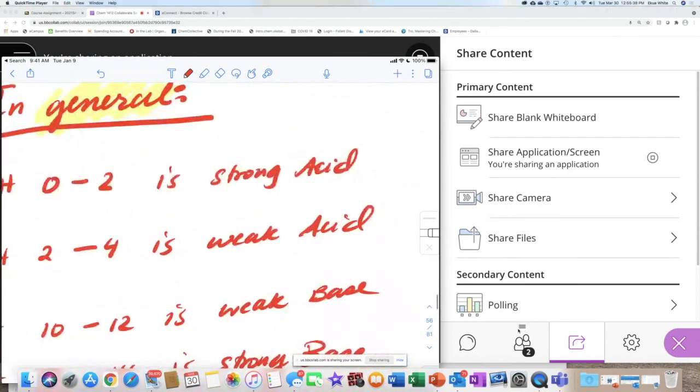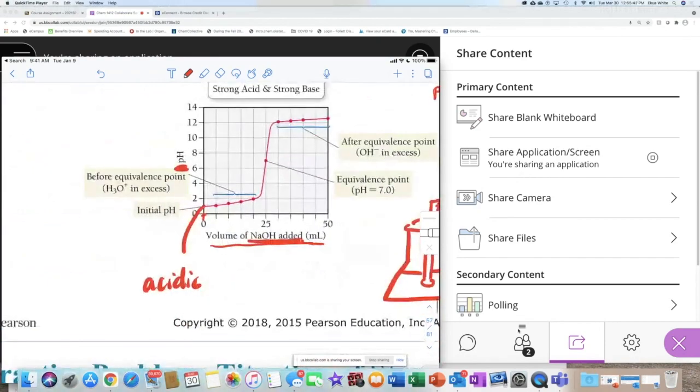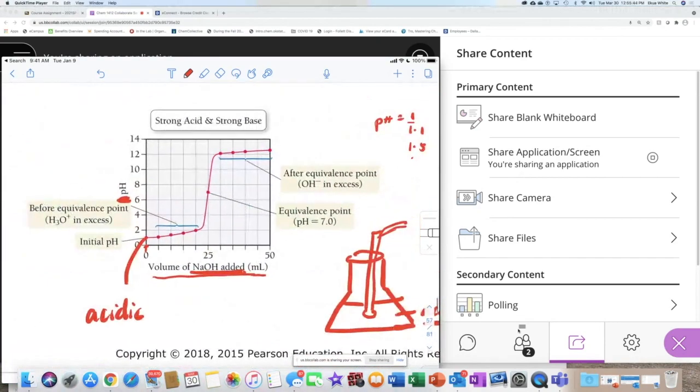If it's 1, it is strong acid. So they start here with strong acid. This is a label that goes with what's in the flask first, right? And then this point right here is the equivalence point or the end point.